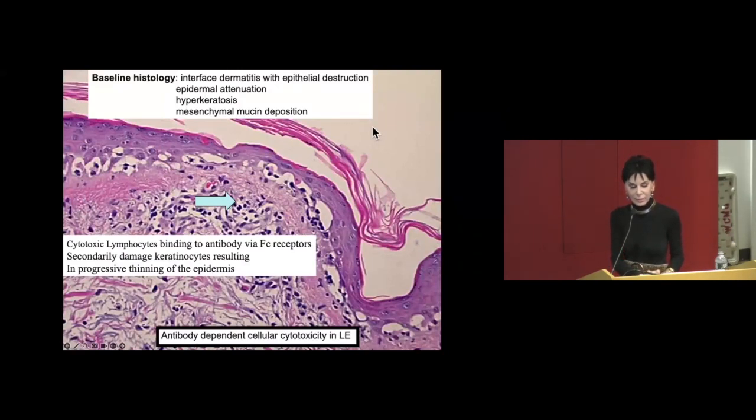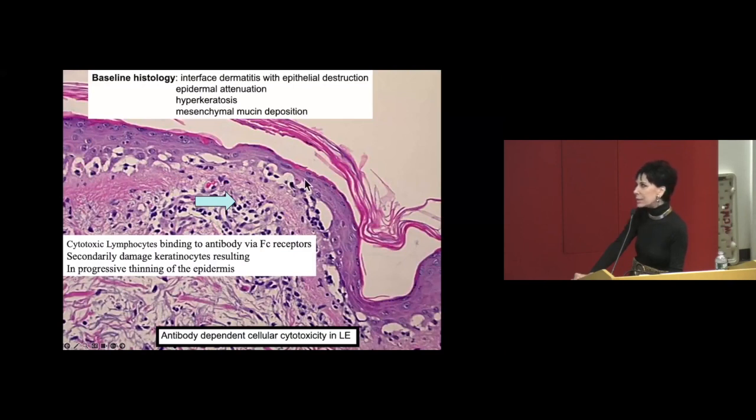And so here we have an image of an epidermis that is very thin. It's atrophic or attenuated. You have lymphocytes that are in the epidermis, and those lymphocytes are T cells that are recognizing the antibody through the Fc receptor and causing keratinocyte injury through the mechanism referred to as antibody-dependent cellular immunity.